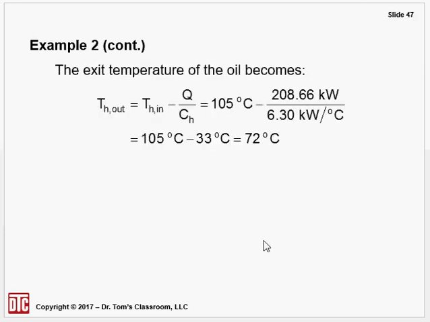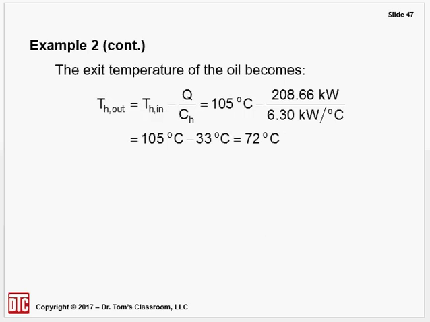For the first one, we've got 105 minus the 208.66 kilowatts divided by C sub H, which was like 6,300, and now it is 6.3 kilowatts per degree. So we get them both in kilowatts and end up with degrees C. We end up with 105 minus 33, which gives 72. So it drops 33 degrees, down to 72.